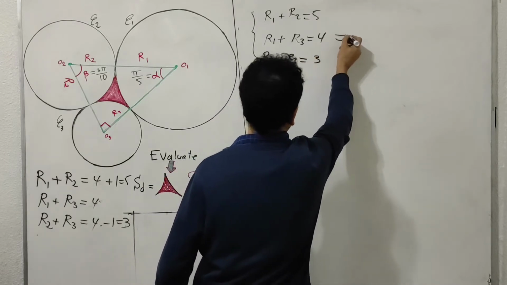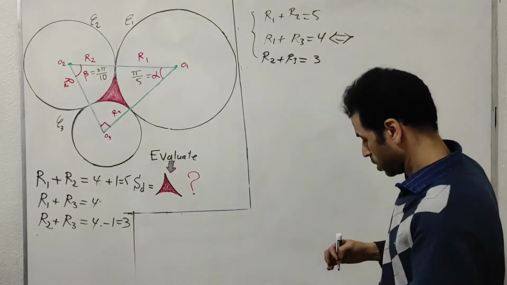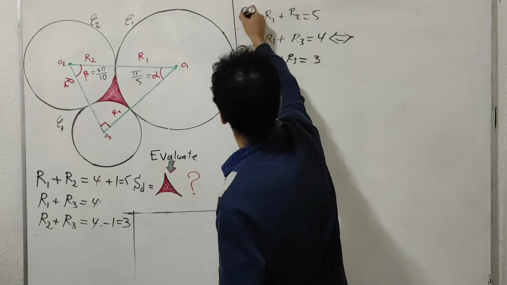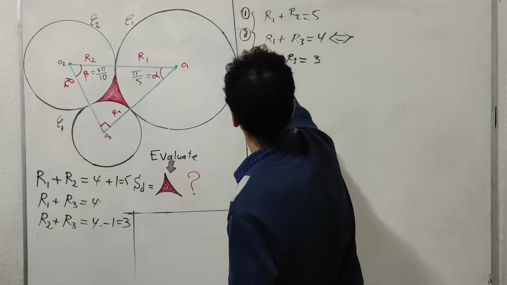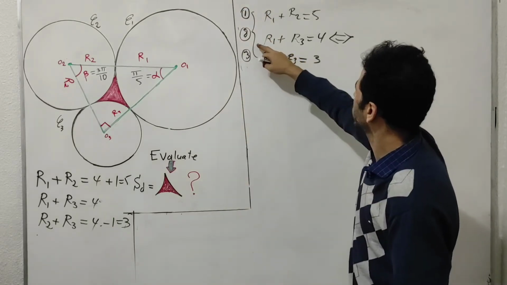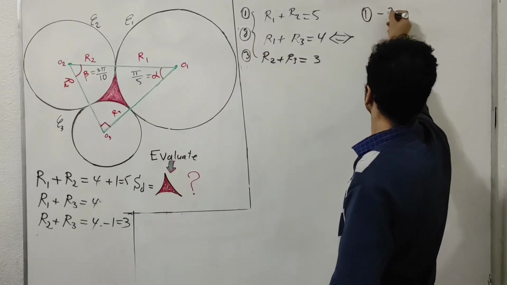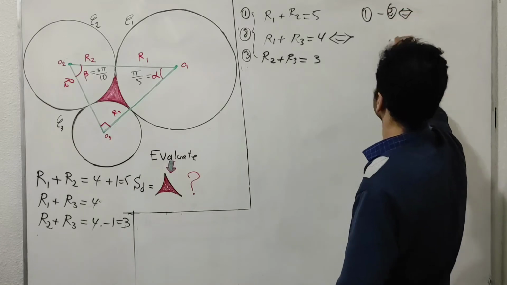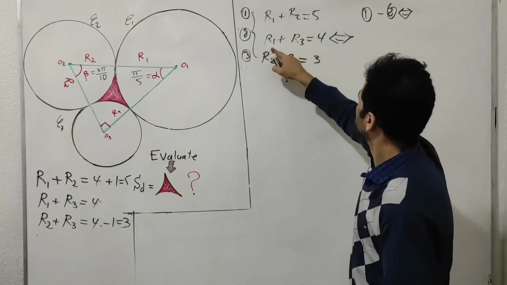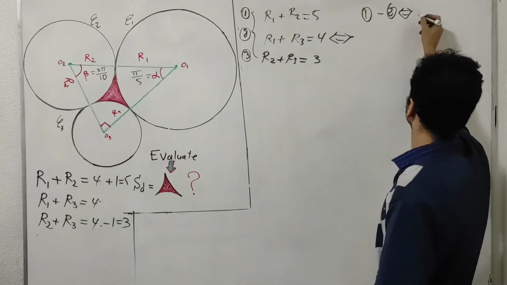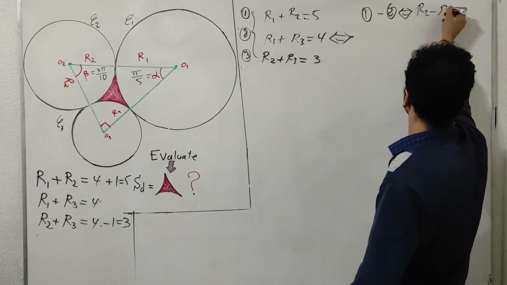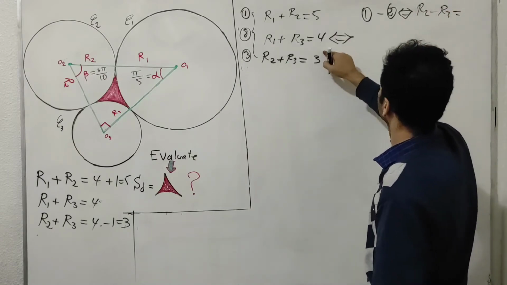Let's name these equations number 1, 2 and 3. I'm going to subtract equation number 2 from equation number 1. That means 1 minus 2 gives us R1 minus R1 is 0. I will get R2 minus R3 equal to 5 minus 4, which is 1.